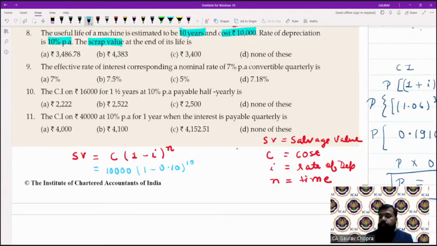So let's calculate. 1 minus 0.1 is 0.9 to the power of 10, then multiply with 10,000. So here you are getting 3486.78. This is the scrap value.